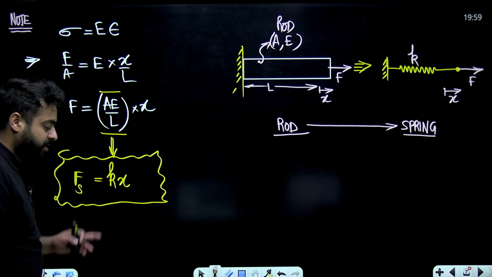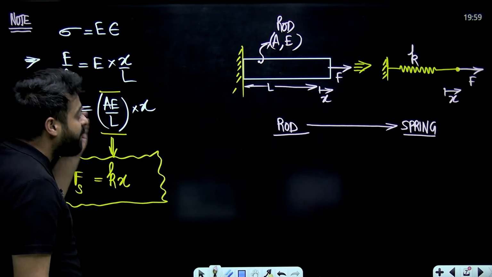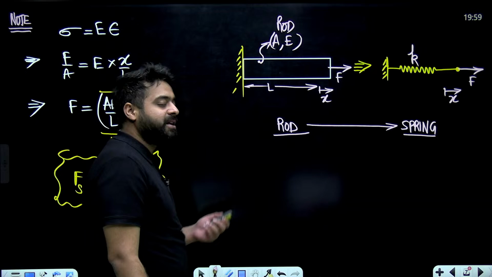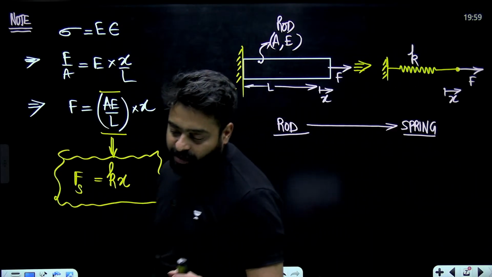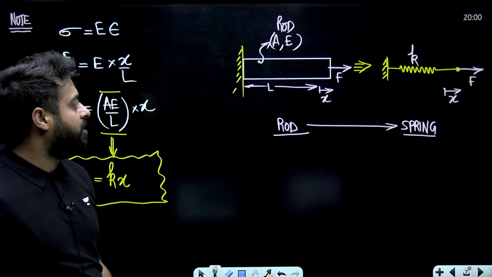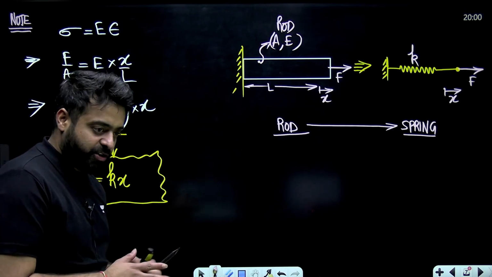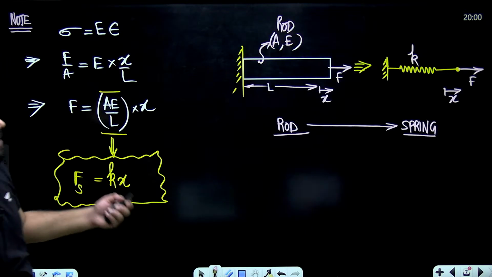Kx. Deformation is Fs by K. The K is a constant property which is EA by L. They may ask you in any examination. A lot of problems are there. That is basically your concept from the longitudinal stress part and the strain part.